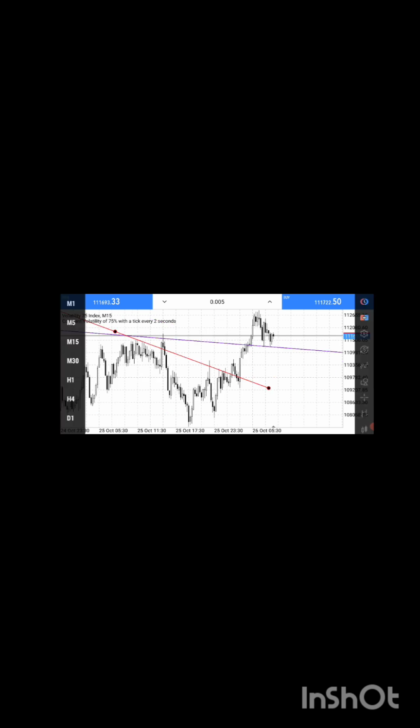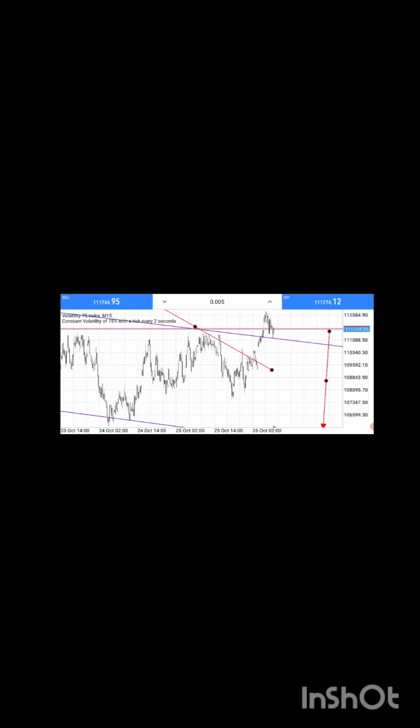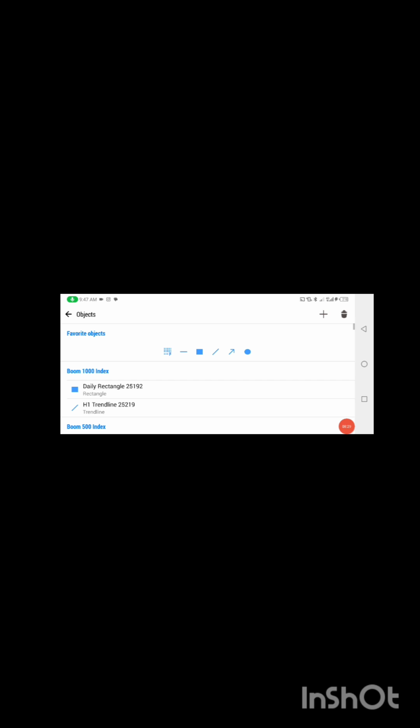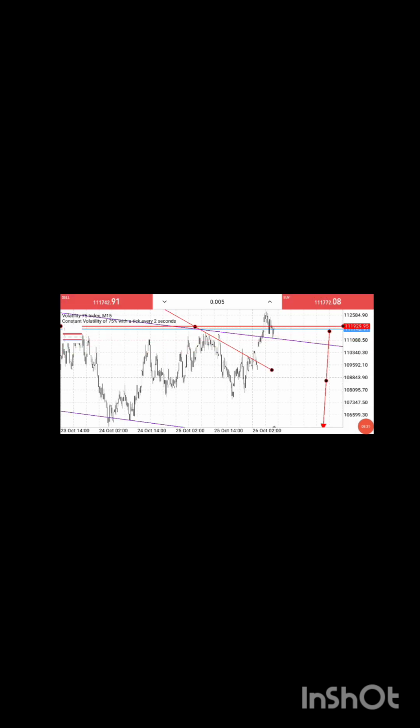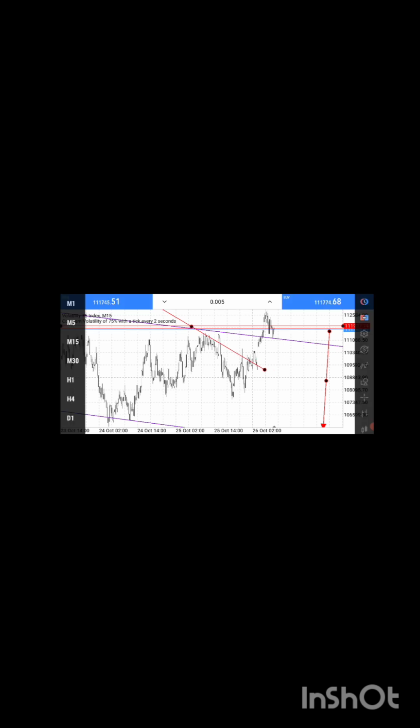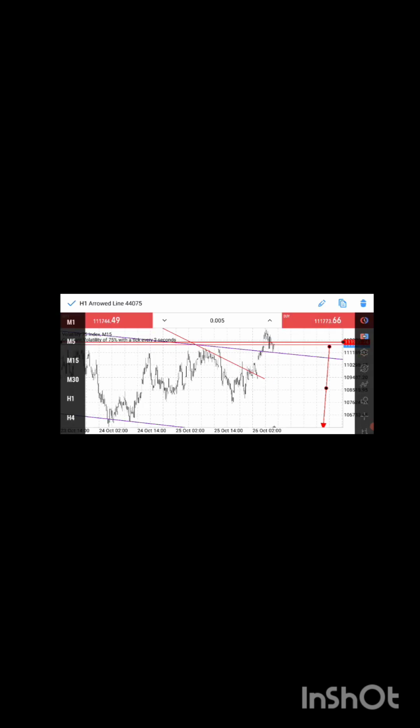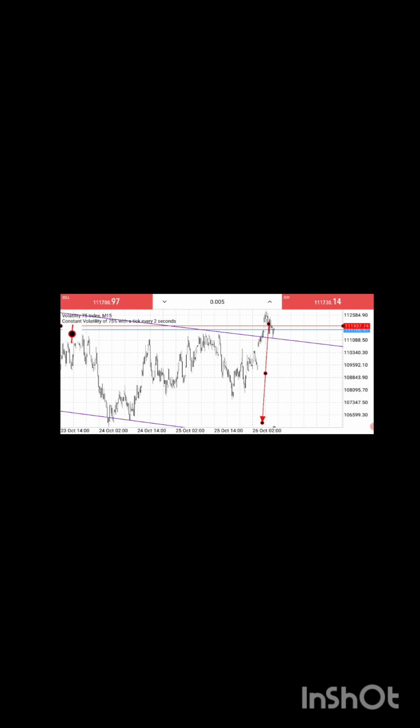Now, if you want to look for a sell, draw a line closer to the current price line. When you draw it, you have to run the resistive and supportive condition of this line.